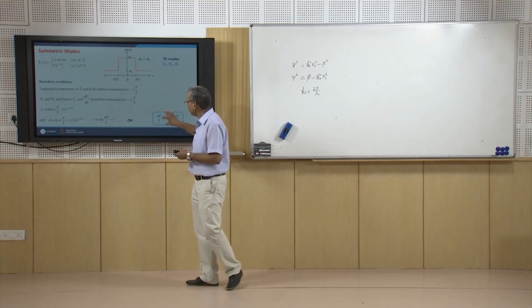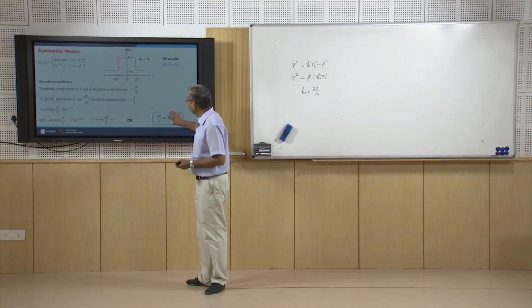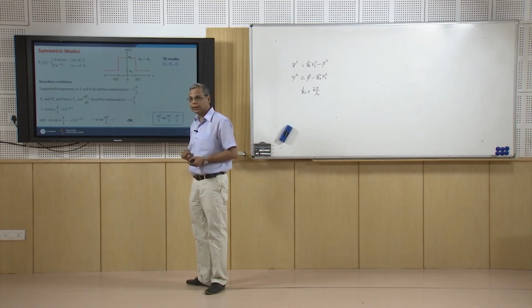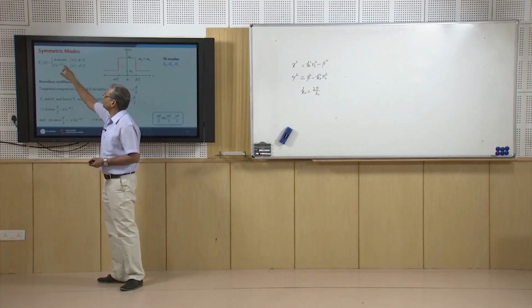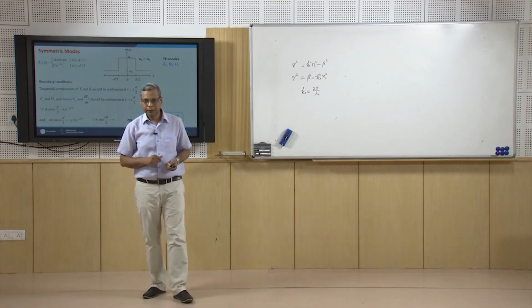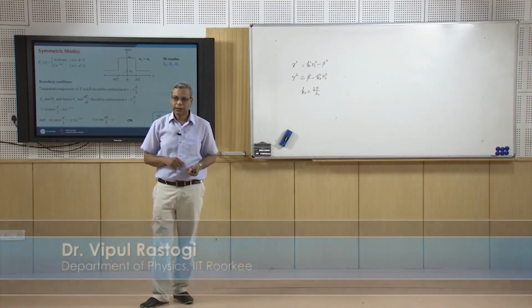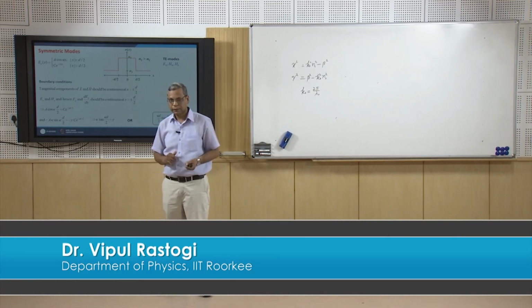So, this makes the modes discrete. From here I find out what the possible values of beta are, and for those beta I can find out the fields. That is how I can get the modes of symmetric planar waveguides, and these are symmetric modes.